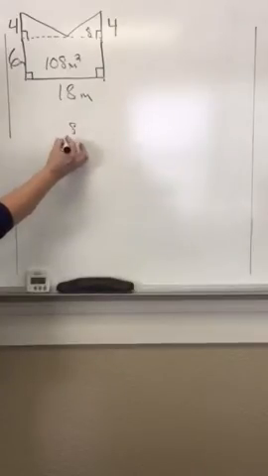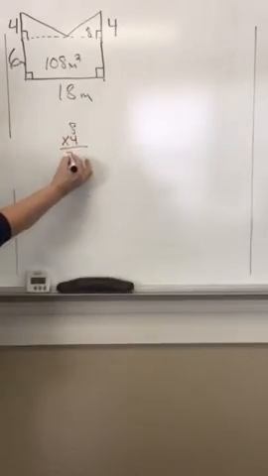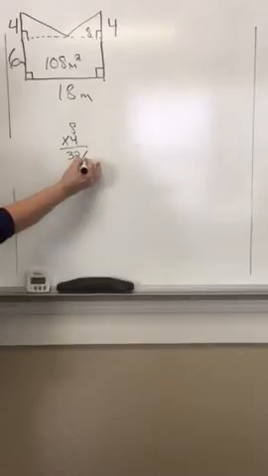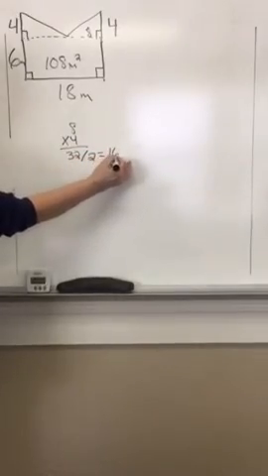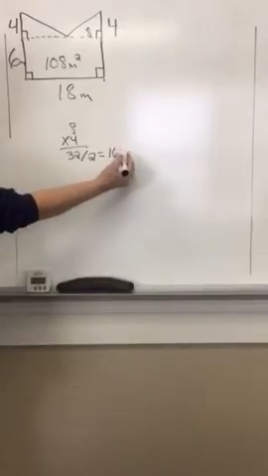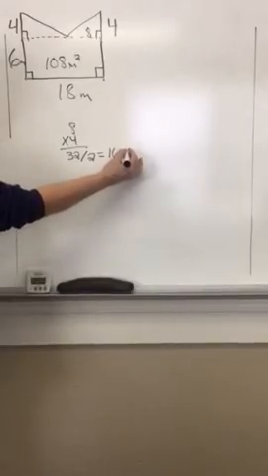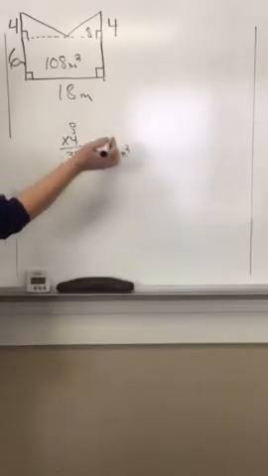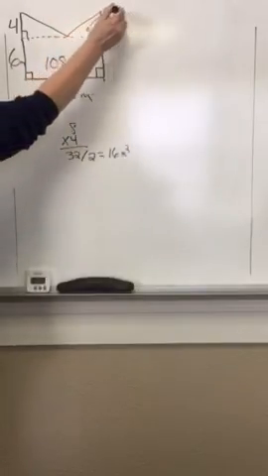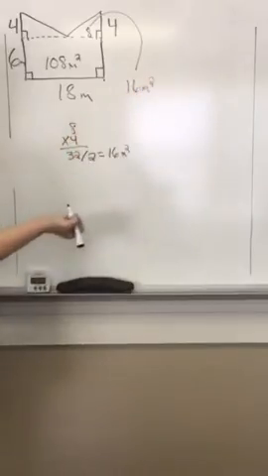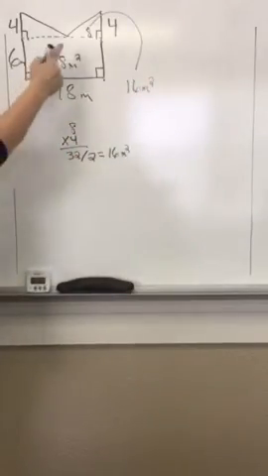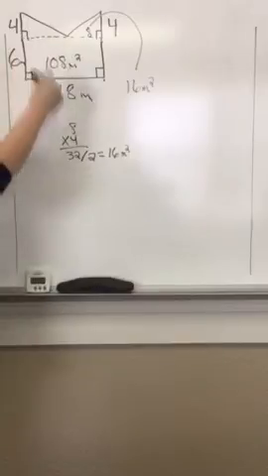So 8 times 4 is 32, but then we're dividing that by 2 to give us 16. And again, that's meters times meters, so it's 16 meters squared. This triangle is 16 square meters. So that takes care of both of those. We have one remaining.